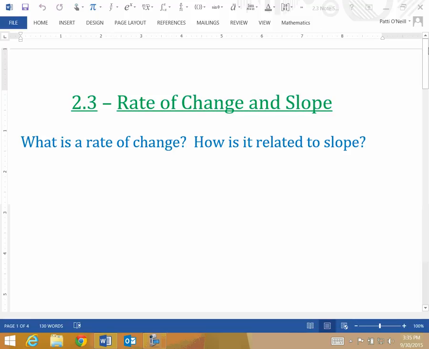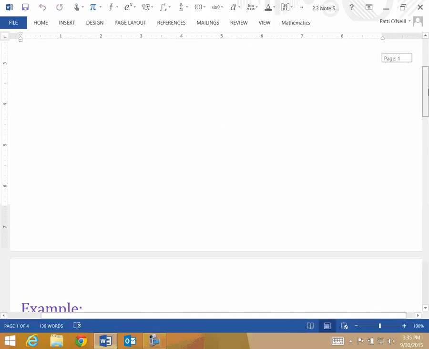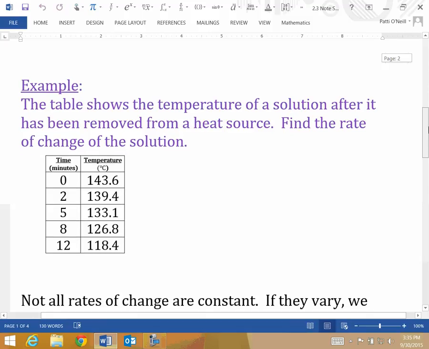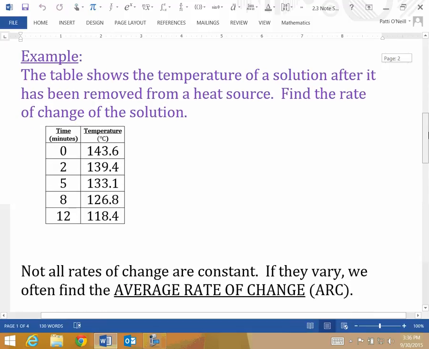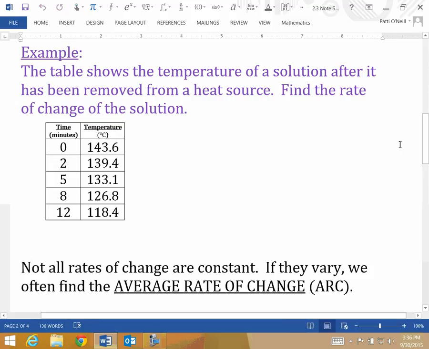We're going to keep going forward here, and we're going to do an example that actually has a little science connection. It says the table shows the temperature of a solution after it has been removed from a heat source. Find the rate of change of the solution.